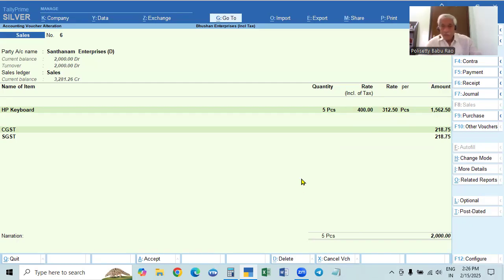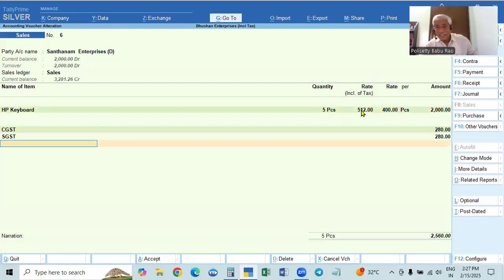If you give 400 rupees in this column, which is the taxable value, it will take it as taxable value. Then including tax, it will become 512.